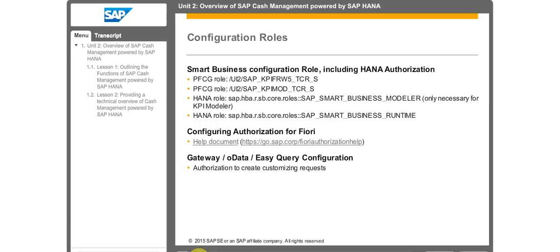Also, in the HANA database, you need to assign two additional HANA roles to your HANA users. You can check the help document in the URL to configure the authorization for Fiori. To configure the gateway, especially for OData services and the easy queries, you just need the authorization to create customized requests.